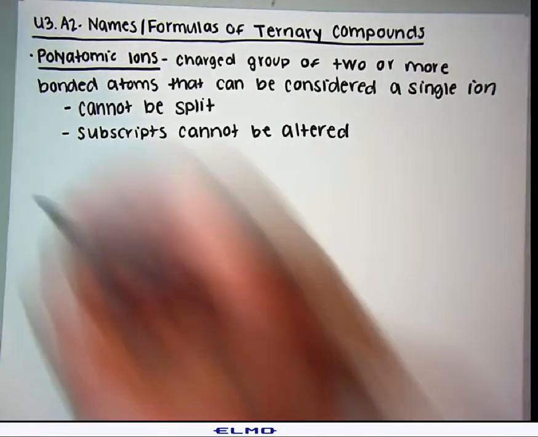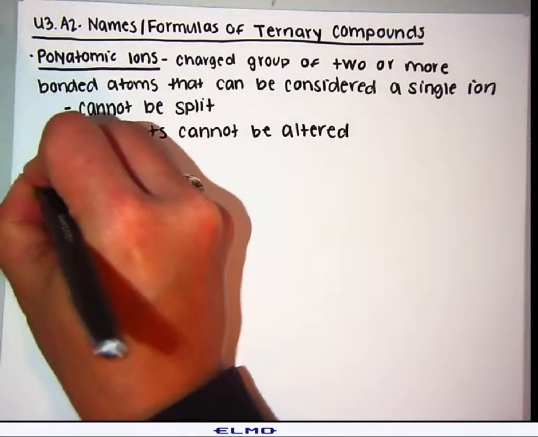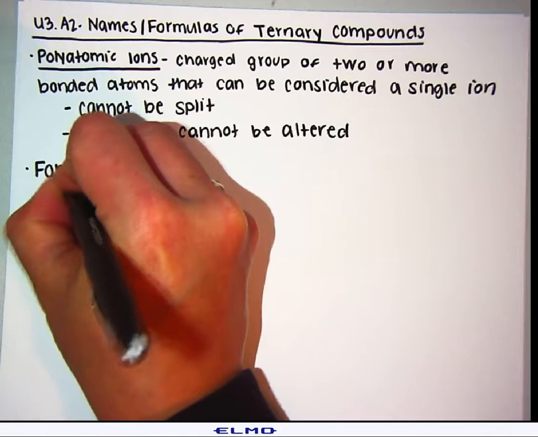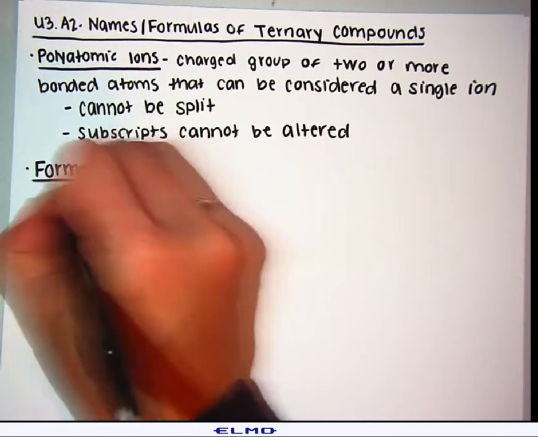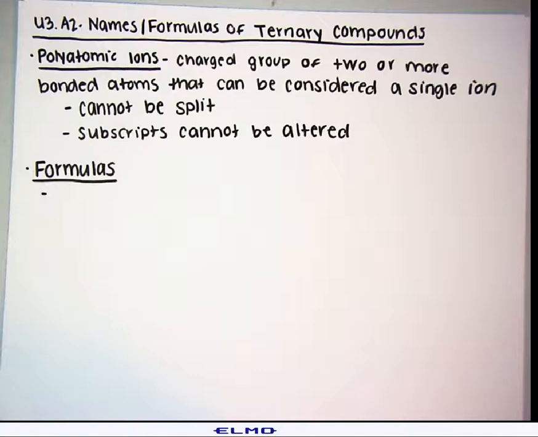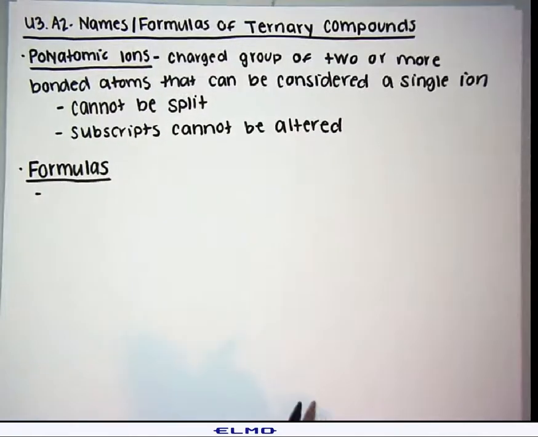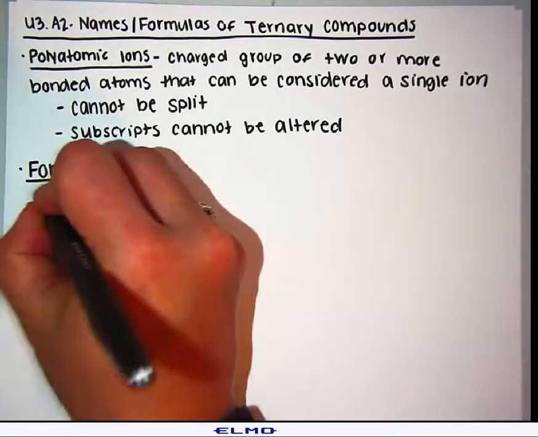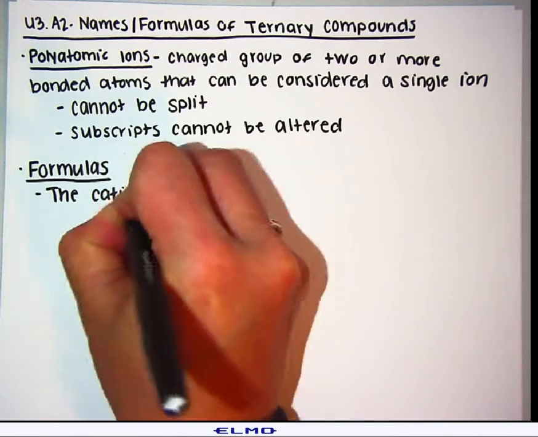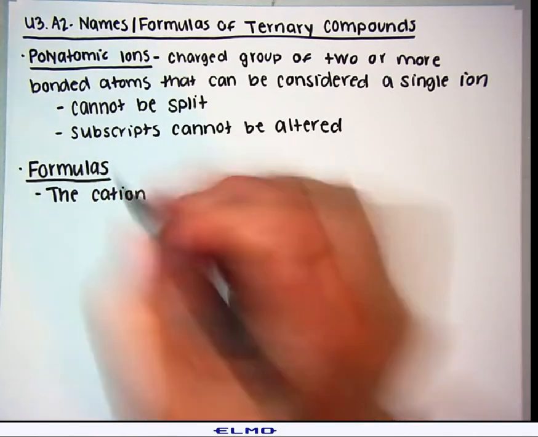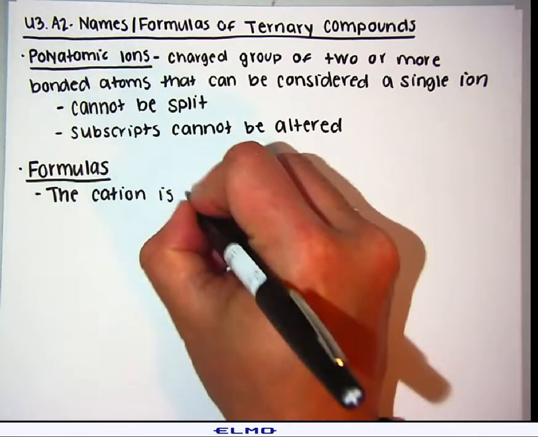All right, so let's start with formulas first. A lot of these rules or a lot of these steps are going to be the same as binary. So anytime we're writing an ionic formula, whether it's binary, ternary, the cation is always written first.